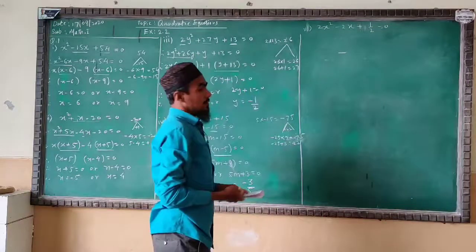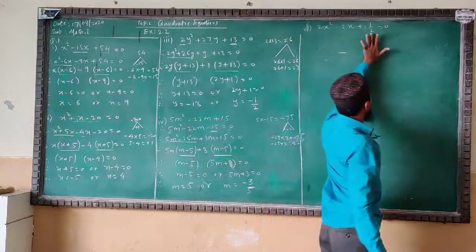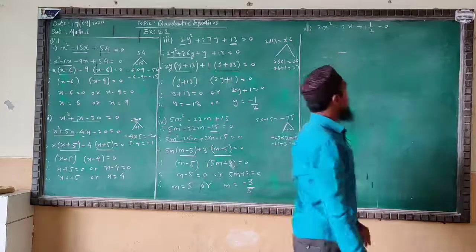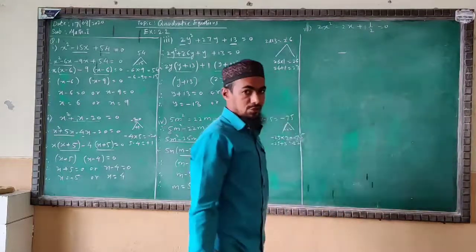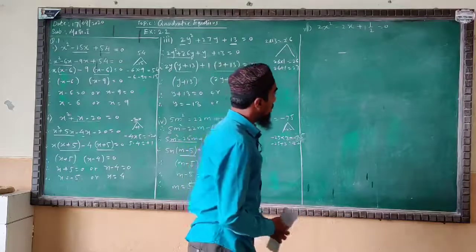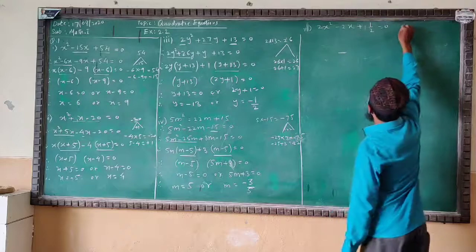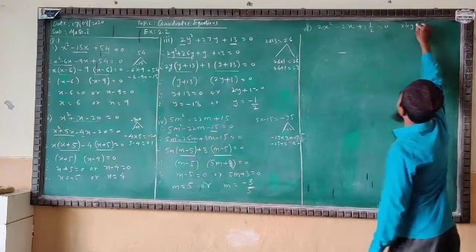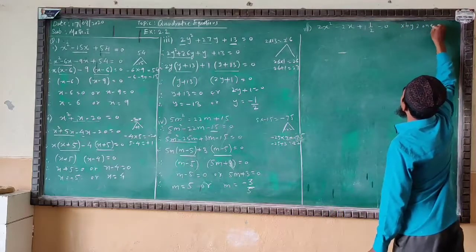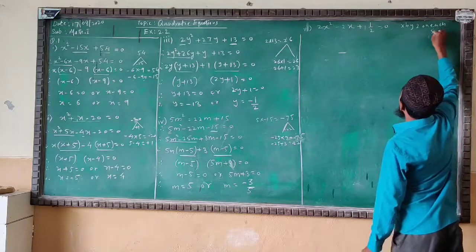Here we have the third term 1 by 2. This one we have to cancel the fraction. The denominator is 2, so we'll multiply. We'll write here multiply by 2 on each side.